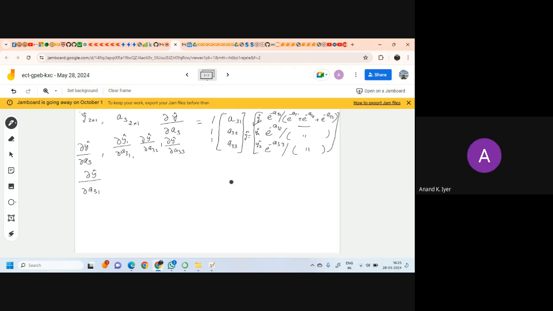So this y1 hat which is there will get derivative for all three: del y1 hat by del A31, del y1 hat by del A32, and del y1 hat by del A33. So this will be a matrix or something.